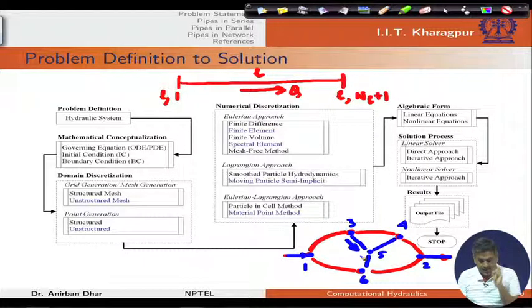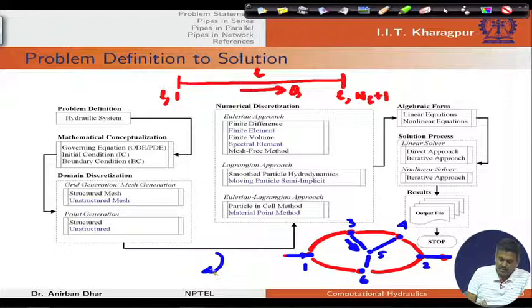Now, in pipe network case or specifically steady state pipe flow condition according to Hardy-Cross method, we will consider clockwise direction as positive direction for a particular loop. What is loop?